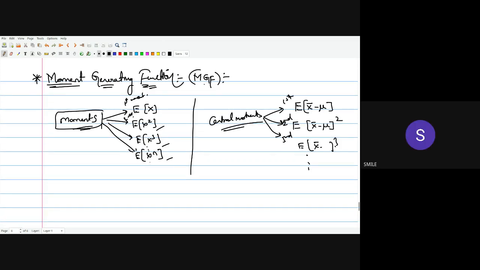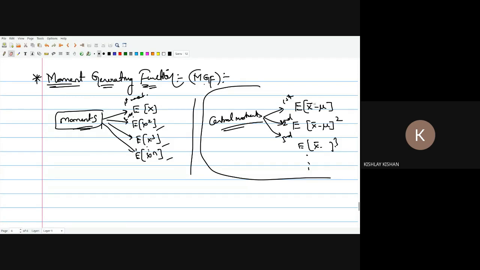What is the role of central moments then? This is another thing. The central moment is basically when you centralize your random variable and then compute the moments. Centralizing means the mean is zero essentially.